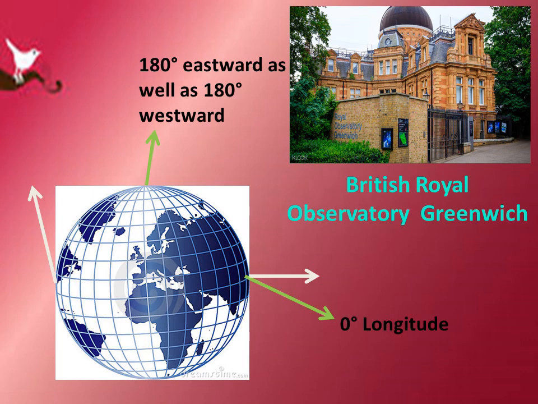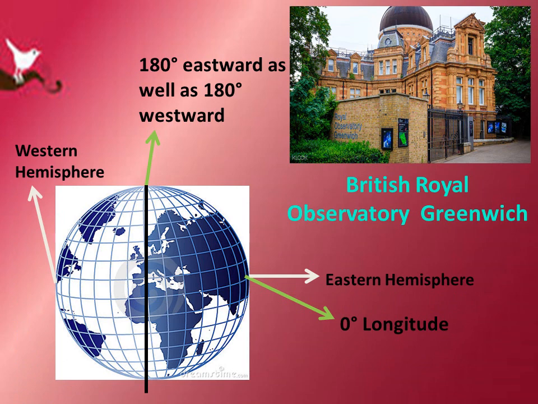The prime meridian and 180° meridian divide the earth into two equal halves, that is the eastern hemisphere and the western hemisphere. Therefore, the longitude of a place is followed by the letter E for east, W for west.